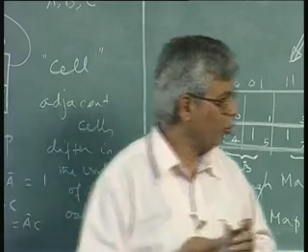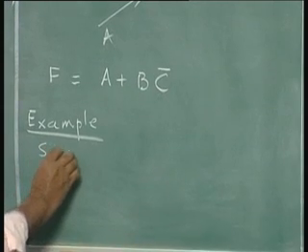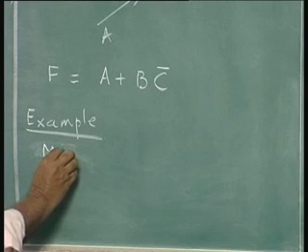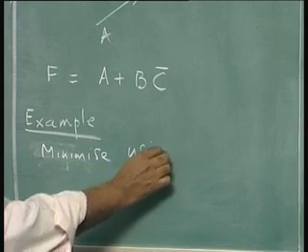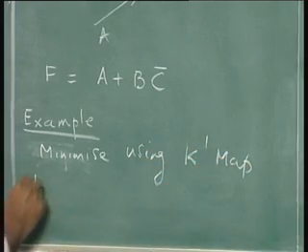We will take an example of 4 variables. So, this example: minimize, I will not even say simplify, minimize, because I want to get the minimum value, minimize using K map the function f.